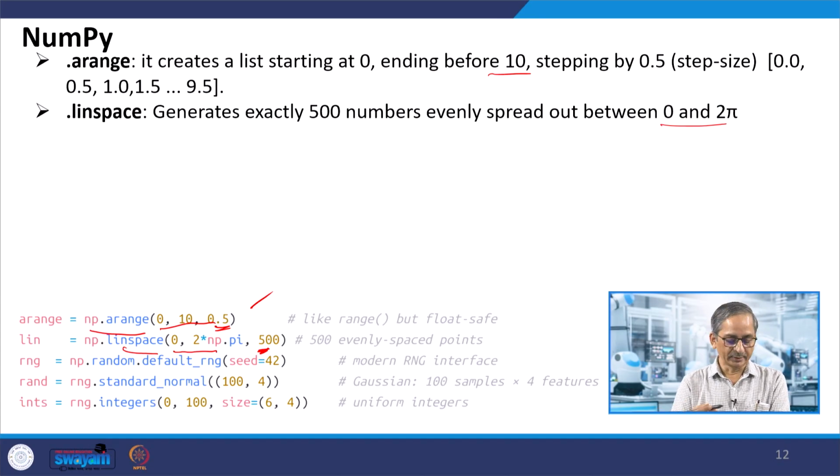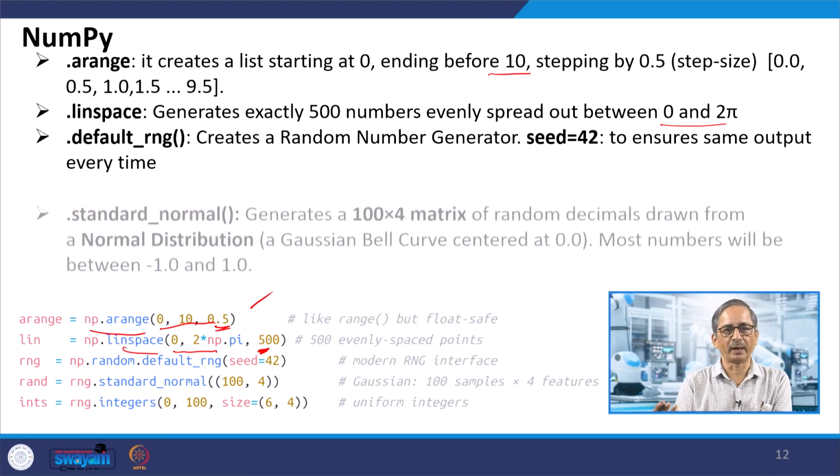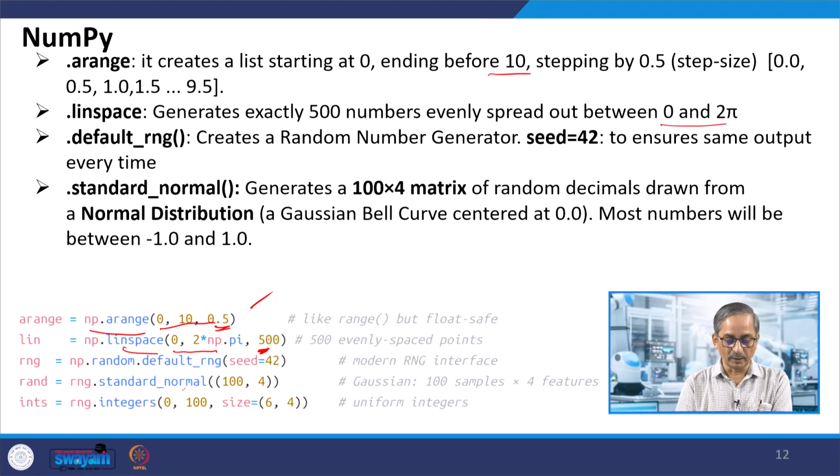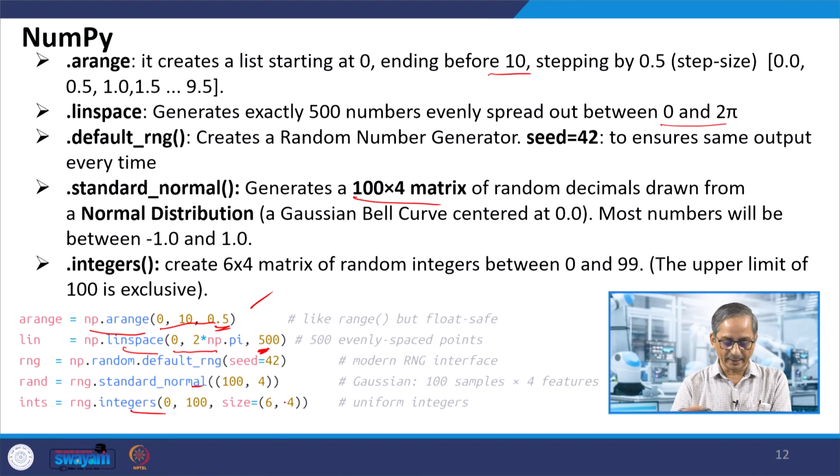Then random default_rng basically creates a random number generator, and for example seed 42 ensures you get the same output every time. And standard_normal will generate a 100 cross 4 matrix of random decimals drawn from a normal distribution, and integers will create a 6 cross 4 matrix of random integers between 0 and 99.